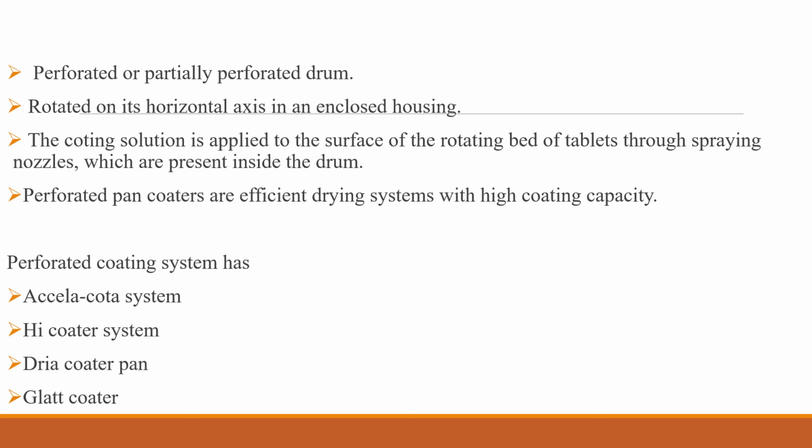Third, the coating solution is applied to the surface of the rotating bed of tablets through spraying nozzles which are present inside the drum. Next, perforated pan coaters are efficient drying systems with high coating capacity. Last is the perforated coating system. What does it contain? It contains the Accela Cota system, Hi-Coater system, Dria Coater system, and Glatt Coater.